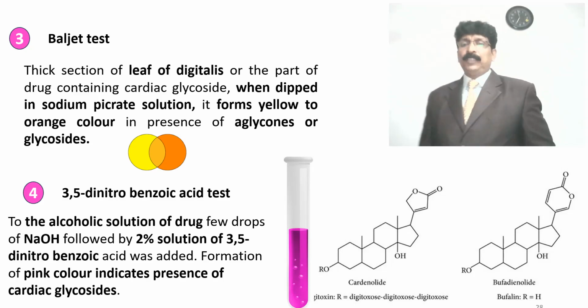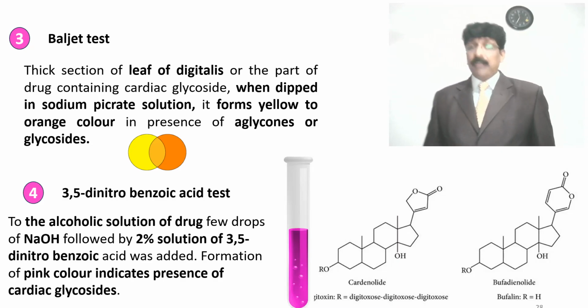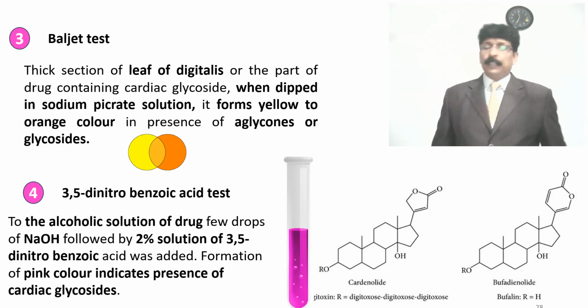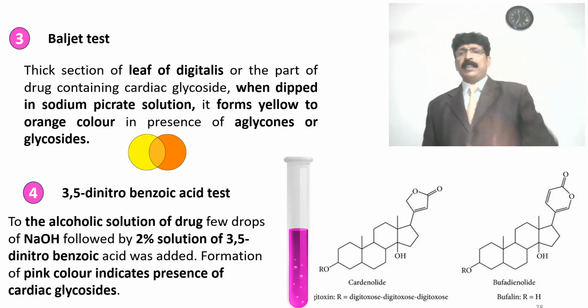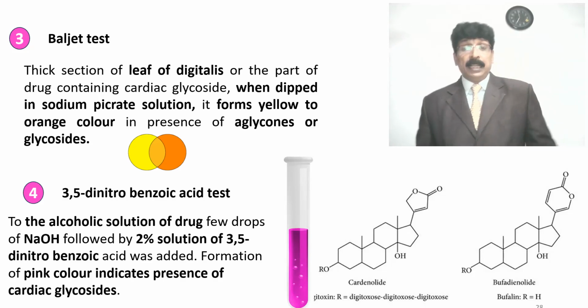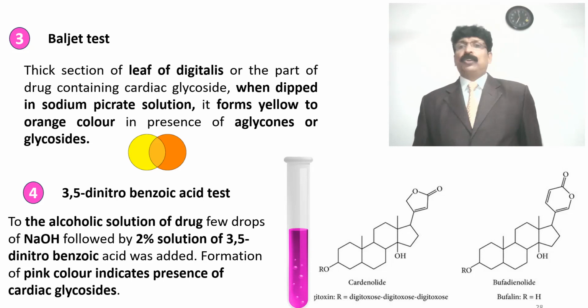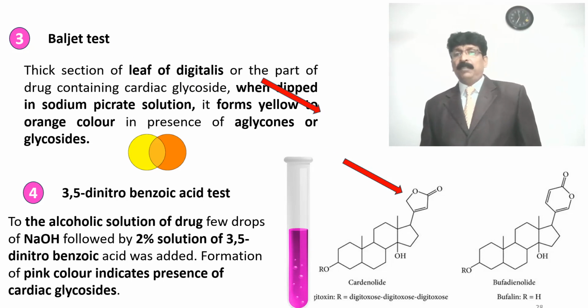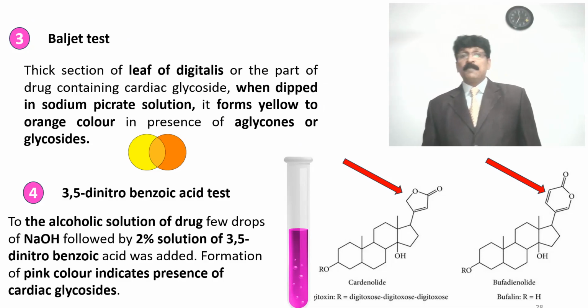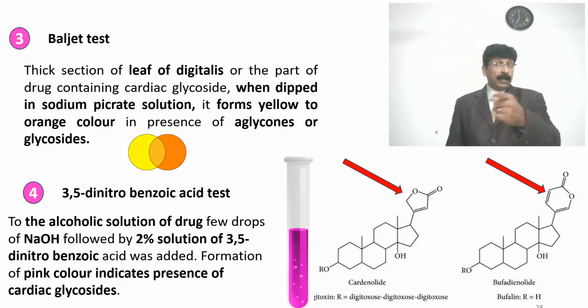The 5-membered lactone ring is present in cardenolides, while a 6-membered lactone ring is present in bufadienolides. Their biological and therapeutic activities are also different in their applications. You can see the 5-membered and 6-membered lactone ring structures, which I have denoted by arrows for you to note down.